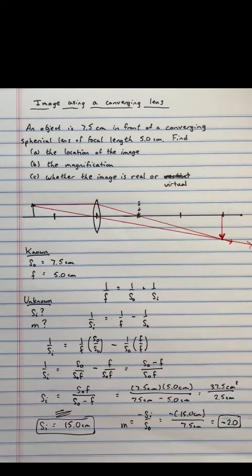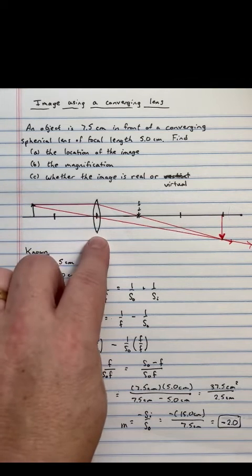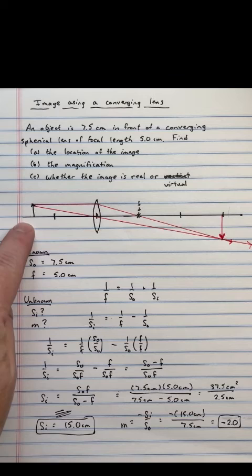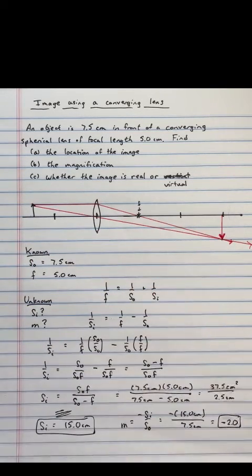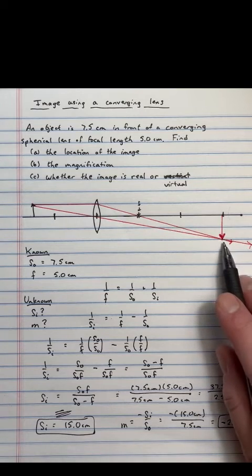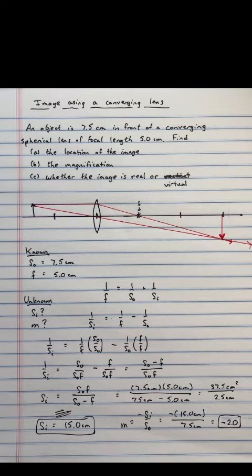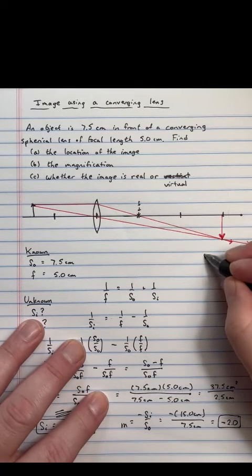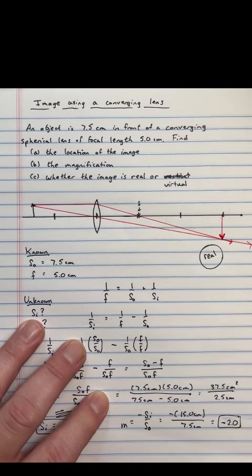Which is to say that if you had, say, a lens like this, and there was an object 7.5 centimeters in front of the lens, on the other side of the lens, if you put your eyeball right there, you would see a focused image. That's what you would see. You could literally go to that place, at least in theory, put yourself there, put your eyeball there, or a camera or some other instrument, and actually get the image. And so this is a real image.